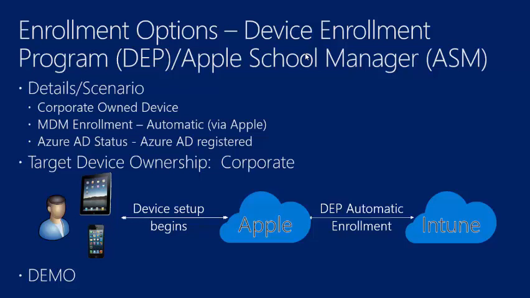Now, the way this works is whenever the user turns on the device, setup begins. As soon as that device has a Wi-Fi connection, it's going to talk to Apple, check Apple's database and see if that is a DEP-enabled device. If it is, DEP enrollment is going to start. And ultimately, that device will get registered in Intune.